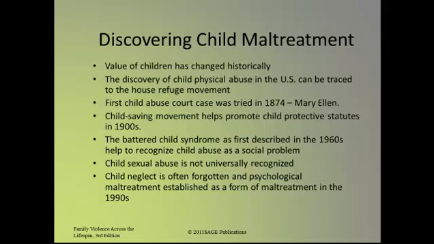Nobody ever saw her, though, and so they called the different authorities, and nobody could figure out what to do about this. And finally, some social worker or welfare worker talked to individuals with the ASPCA to see how they took animals away from owners when they were mistreated, because there were laws protecting dogs and cats, but not laws protecting children.